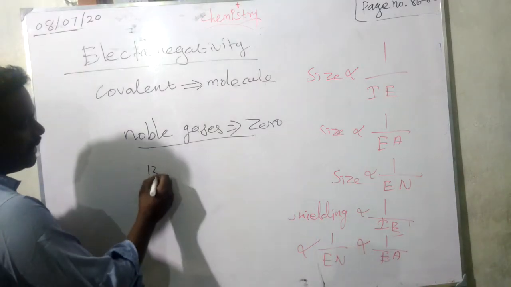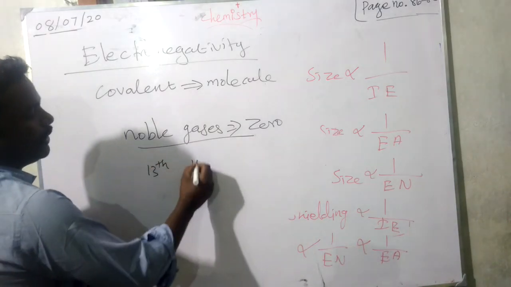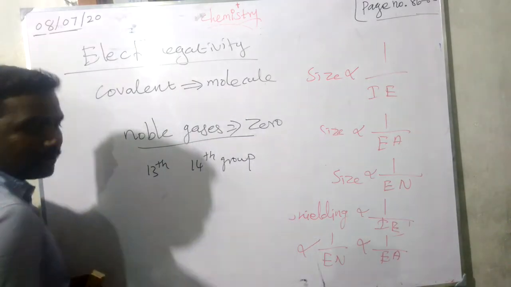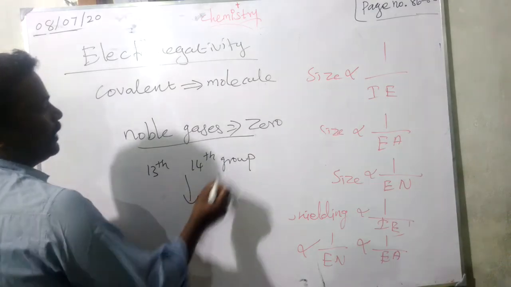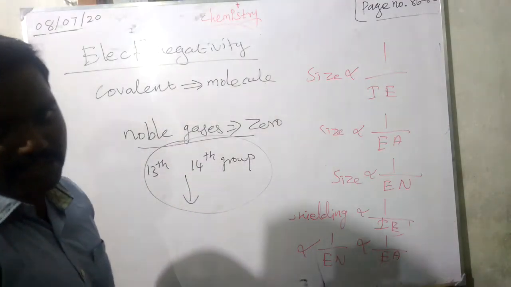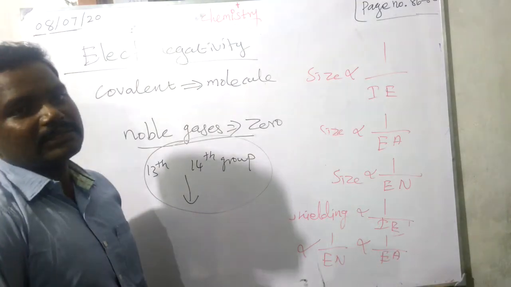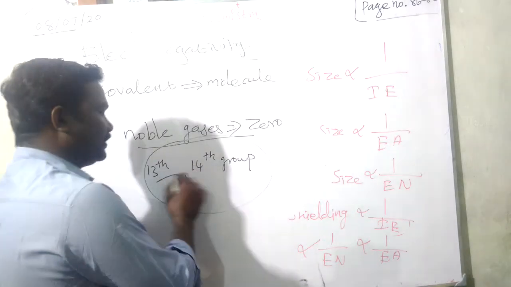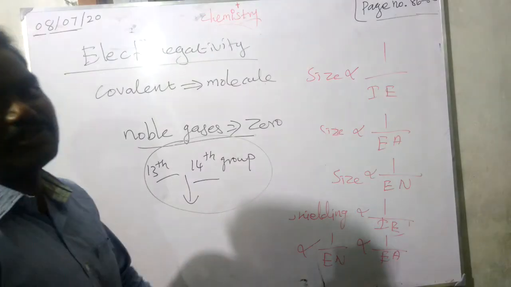Then the 13th and 14th group elements are also not following the theory we have already studied. Top to bottom increases or decreases, left to right increases. No, only the 13th and 14th groups have some changes.